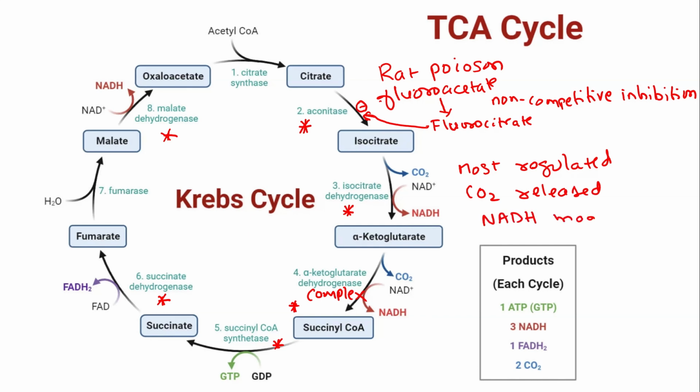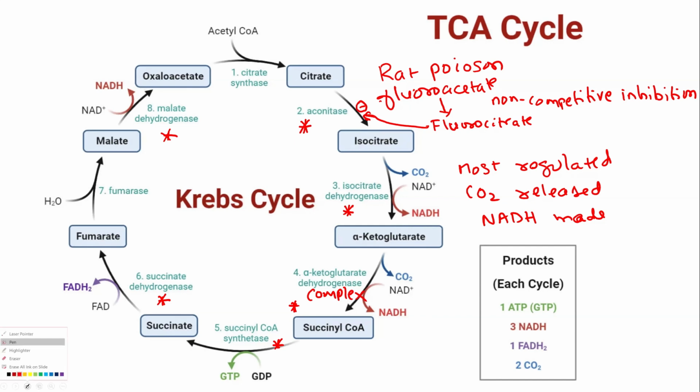If the question is which reaction in TCA cycle makes NADH or which reaction makes carbon dioxide, directly or indirectly, this is one of the enzymes, isocitrate dehydrogenase. Otherwise, majority of time, the question on this enzyme will be on regulation, because this is the most regulated enzyme in the TCA cycle, just like your PFK1. So, entire TCA cycle, if you control this enzyme, you control the fastness of the TCA cycle.